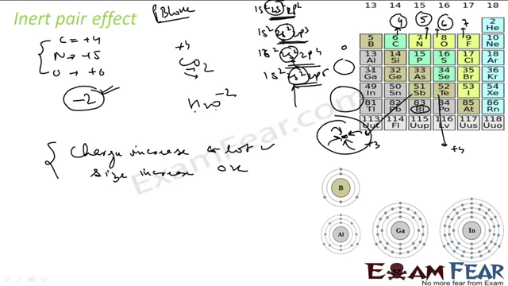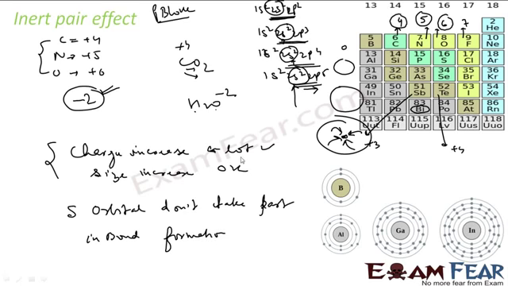But when you go down the group, since the charge is increasing a lot and the size increase is less, this s orbital, which is just before the p orbital, doesn't take part in the bond formation. So s orbitals don't take part in bond formation.